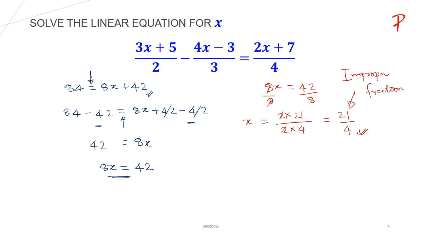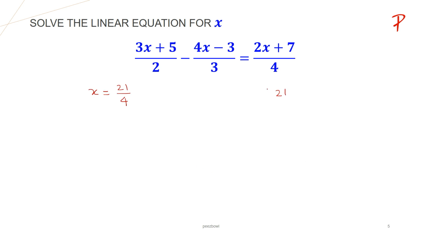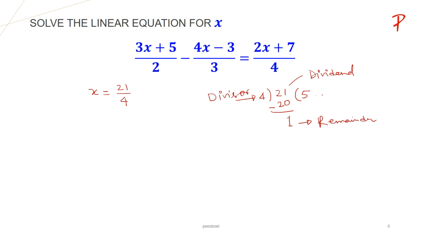Let us divide it. Okay, 21 I will write in the center, 4 is the divisor, 21 is the dividend, and 4 multiplied by 5 we get 20, right? And we have to subtract this, so we have 1, and this 1 is the remainder, and this 5 is the quotient.